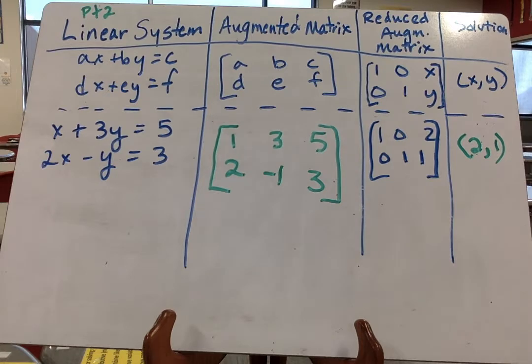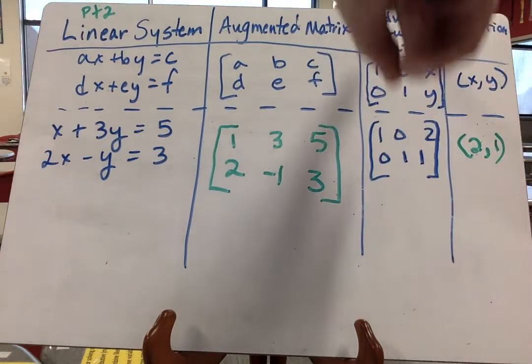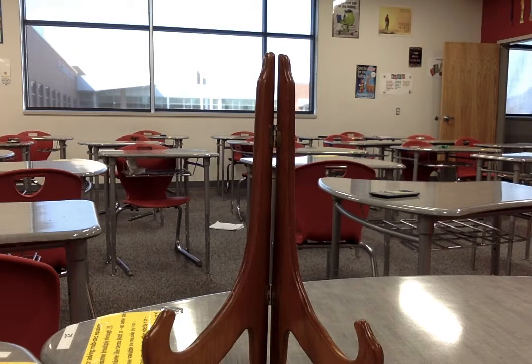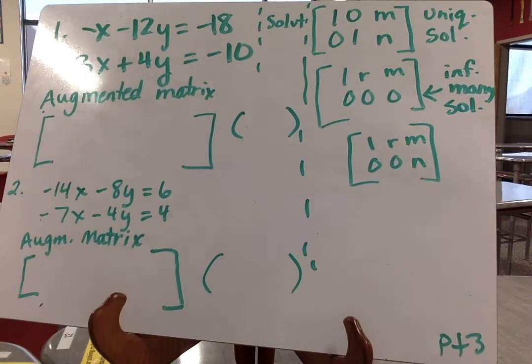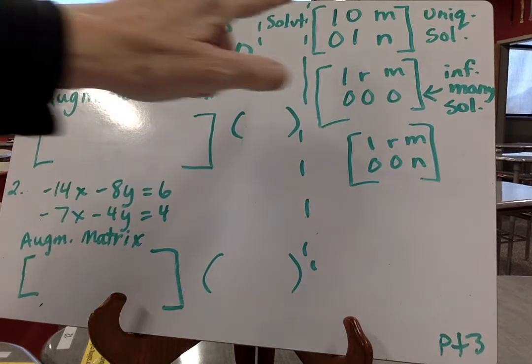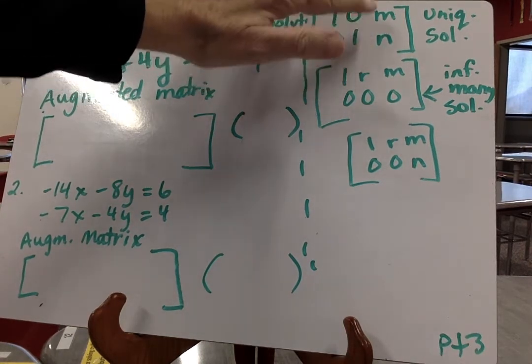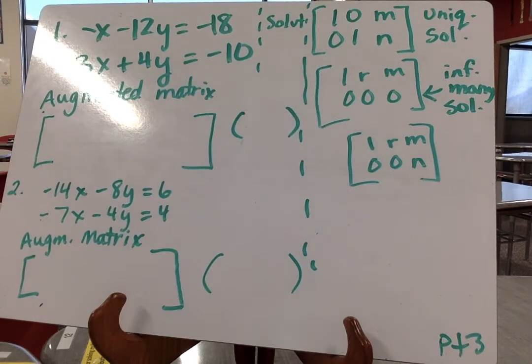Next, we're going to talk about different types of solutions associated with these reduced augmented matrices. If your matrix is a 2 by 3, you should have 1, 0, and 0, 1 as a reduced augmented matrix. Then whatever m and n are right here, those will be your solutions.